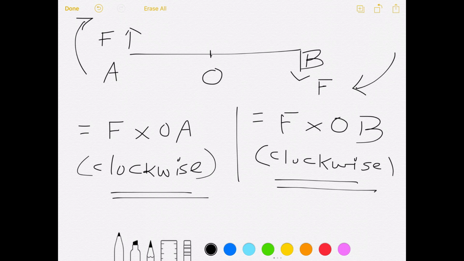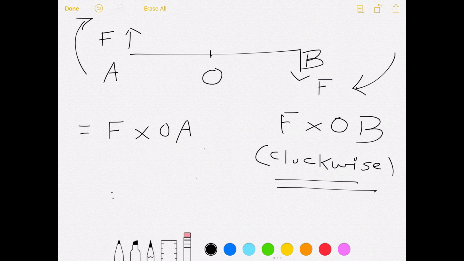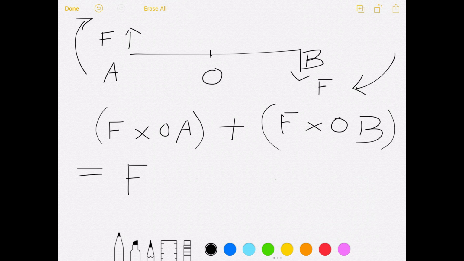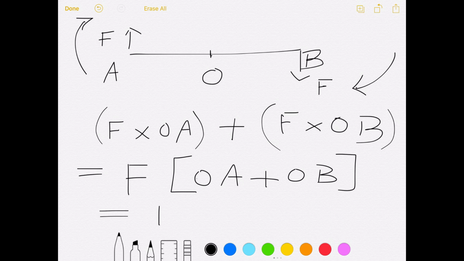Now, if you want to calculate the total moment, you have to add the moments that are produced at points A and B. If you add both the values, we can take out force as a common factor. So there remains OA plus OB, and from the diagram that is equal to F multiplied by AB.